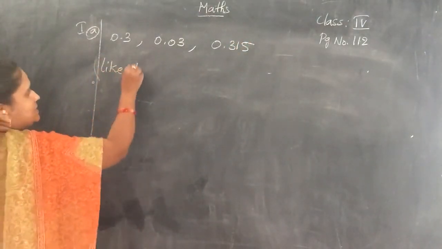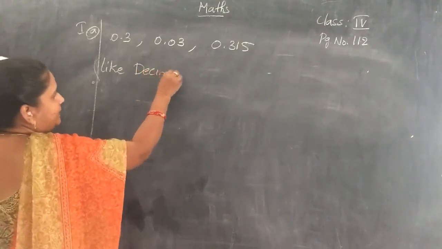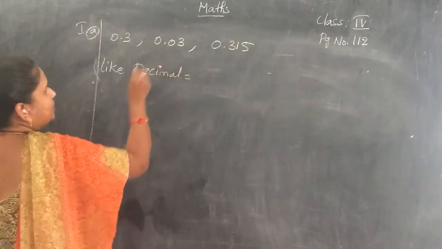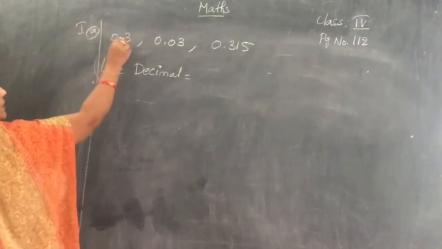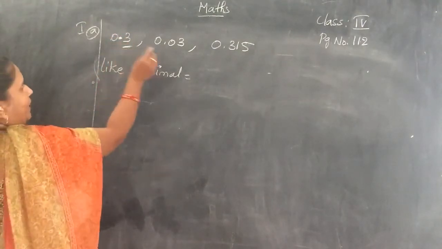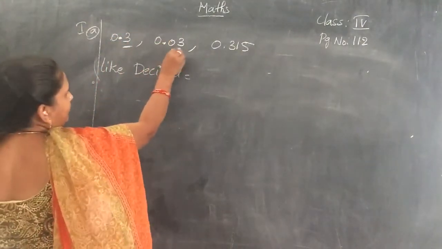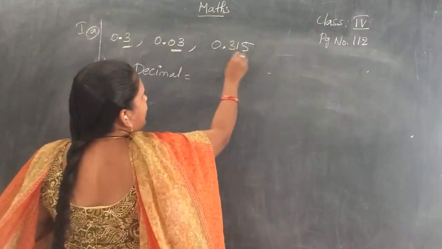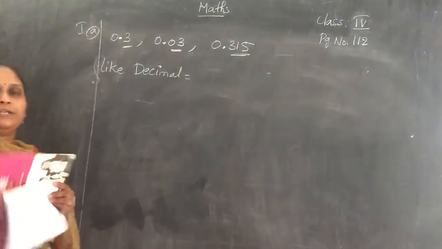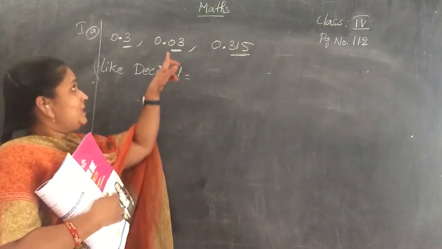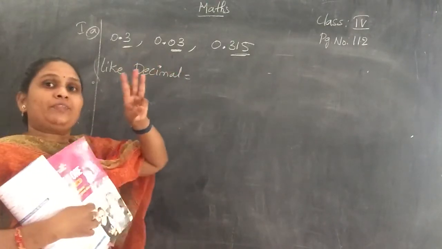Like decimals. In the first number, after the decimal it is having 1 digit, then 2 digits, then 3 digits. So we have to make the 1 digit and 2 digits into 3 digits.